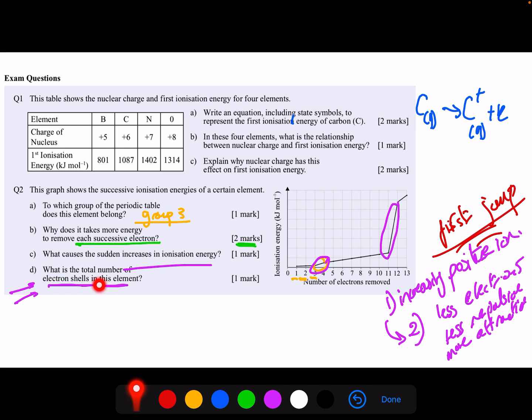How many shells do we have here? That's the first shell that has 3 electrons. That's the second shell, see the steady increase, that has 8 electrons. And then that's the third shell that has 2 electrons. So there is a 1, 2, 3. So I have 3 electron shells.